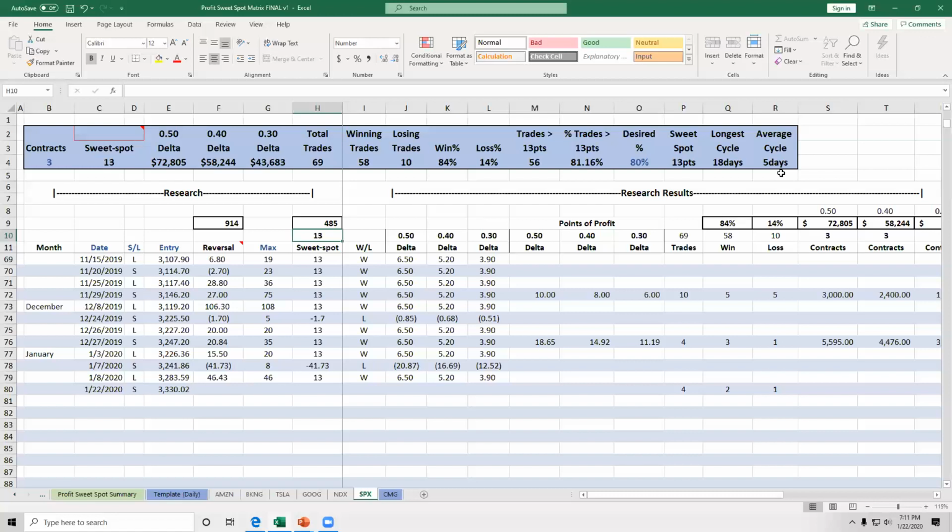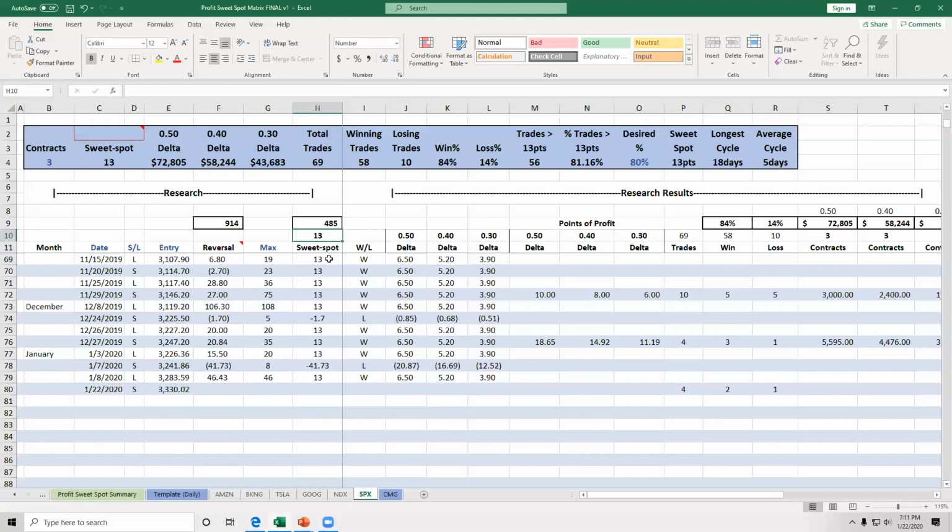And once I have the position open, then I'm going to look at my sweet spot. And this is an estimate of how much the underlying stock is going to move, stock or index in this case. If I want to achieve an 80% win rate, then I have a 13-point sweet spot, meaning I anticipate that 80% of the time SPX will move at least 13 points. So I can take that 13-point sweet spot, I can look at the delta of my option, whether it's a 10 delta, a 50 delta, a 40 delta, whatever it is.